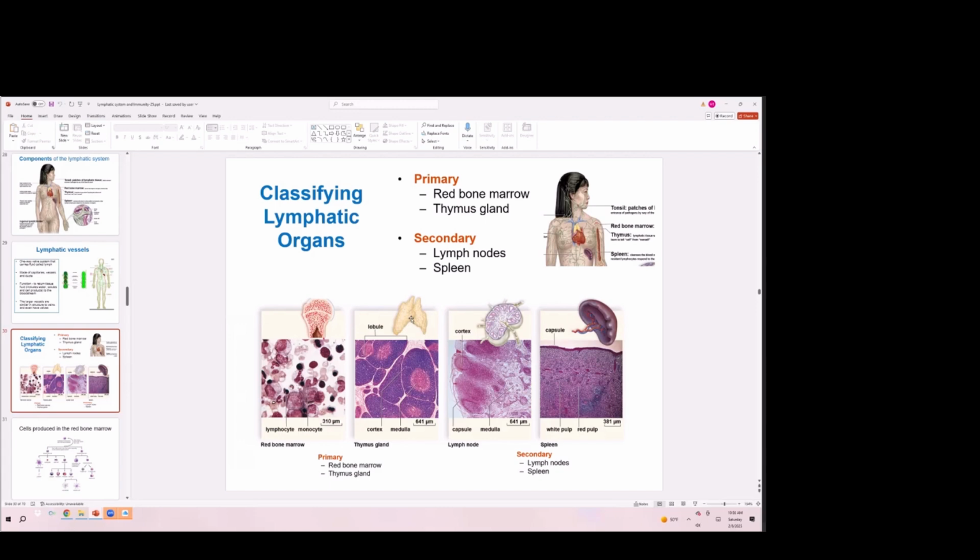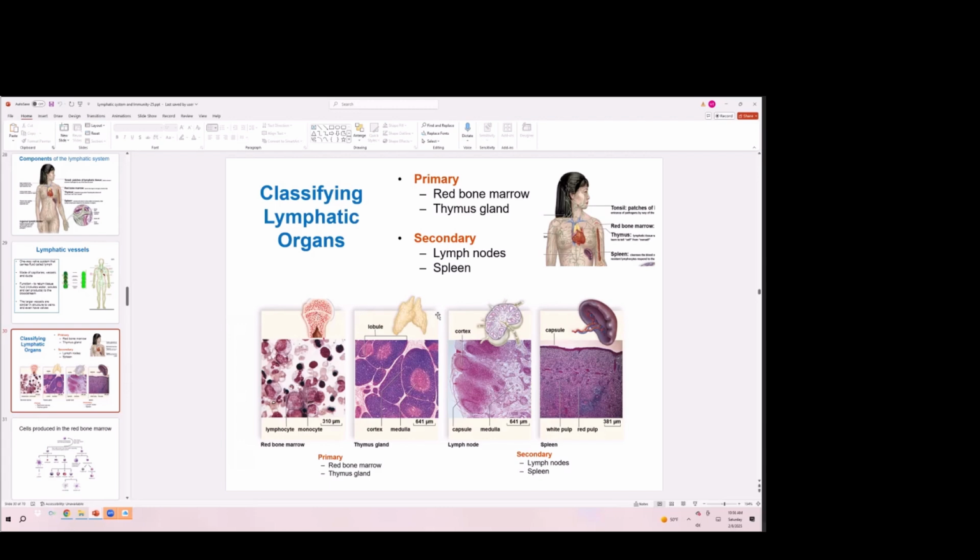Those that go to mature at the thymus gland are called T lymphocytes. Some of them do stay and mature in the red bone marrow. Those will be called B lymphocytes.